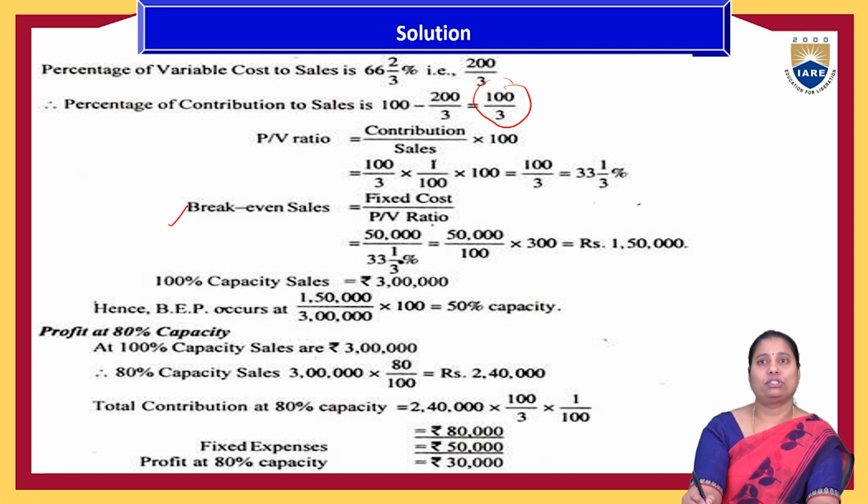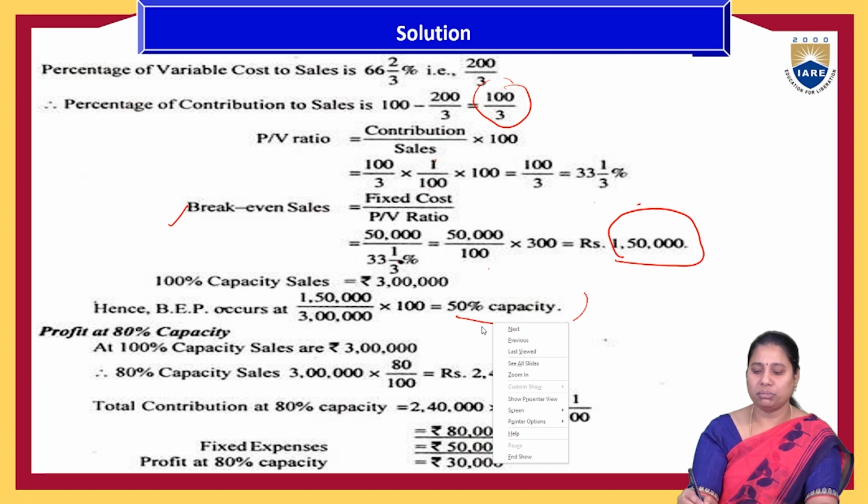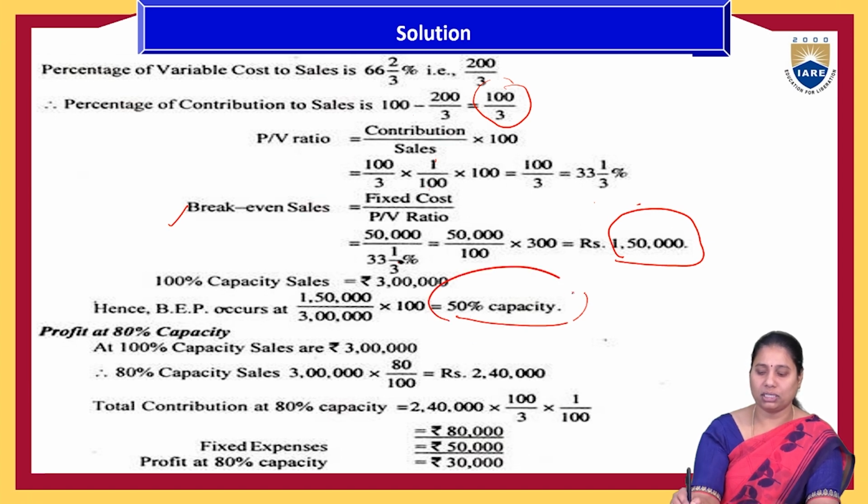Break-even sales equals fixed cost divided by the profit volume ratio, 33 1/3%. So 50,000 into 300 divided by 100 means 1,50,000. Hence the BEP occurs at 1,50,000 out of 3 lakhs into 100, that is, at 50% capacity.